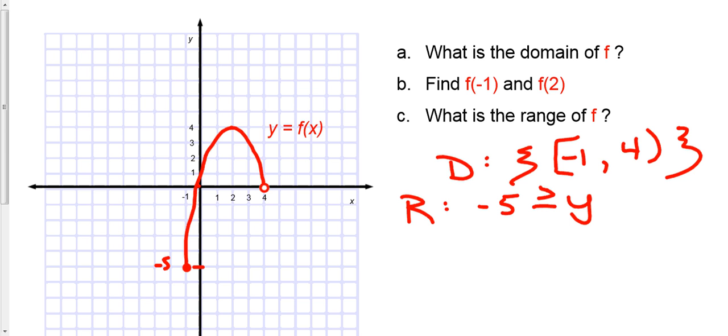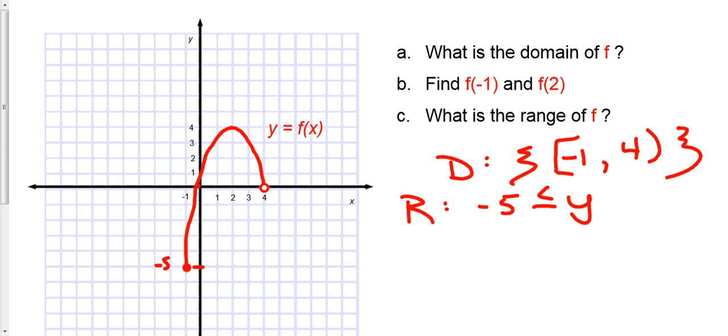Oh, did I screw up again? It goes that way. Y is greater than or equal to negative 5. Or I could read that as negative 5 is less than or equal to Y. Right? I usually read these from left to right.